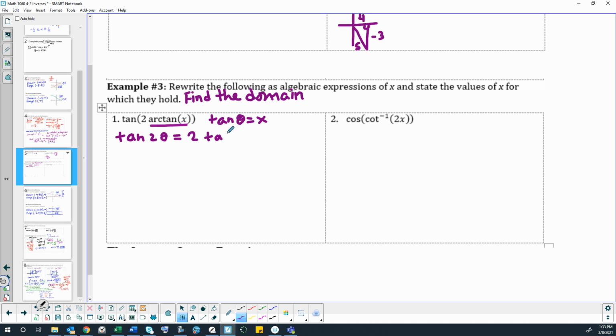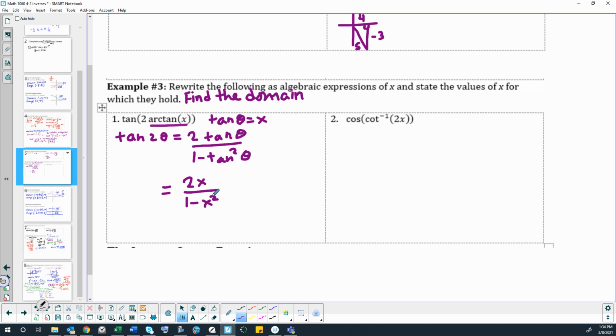2 tangent theta divided by 1 minus tangent squared. Alright, so x is tangent theta. All we need to do is plug in x where we have tangent theta.